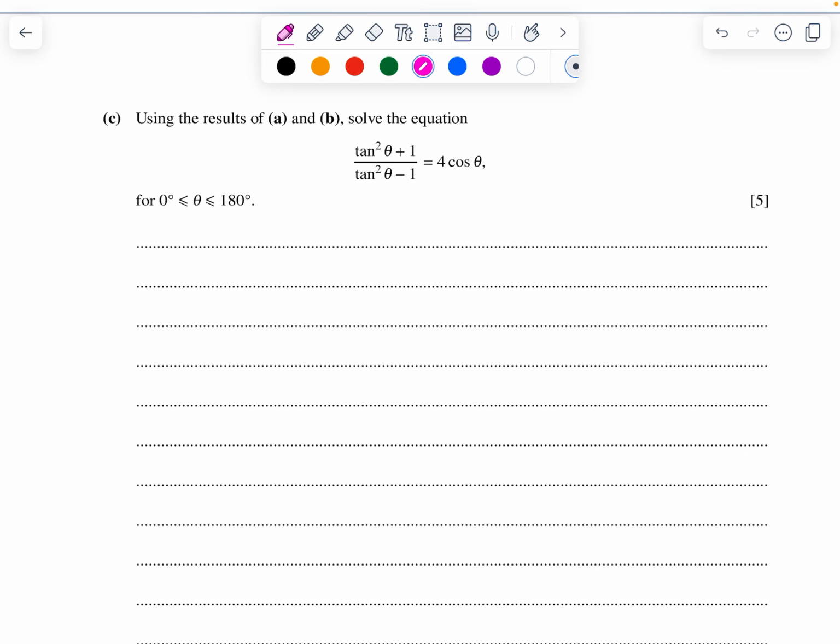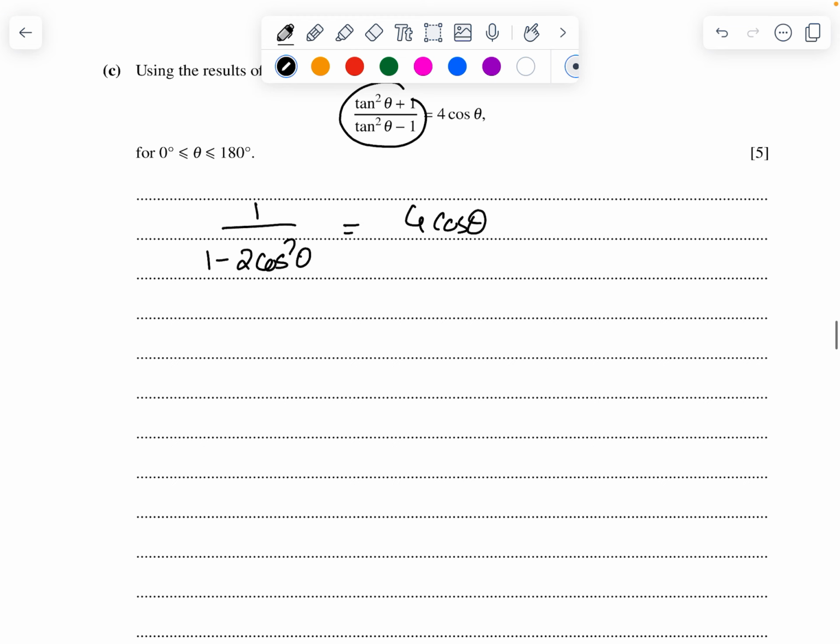Using the results of A and B, solve the equation. So what is it that we got? From here, this can be written as 1 by 1 minus 2 cos square theta equals to 4 cos theta. So cross multiplication, 1 equals to 4 cos theta times 1 minus 2 cos square theta.